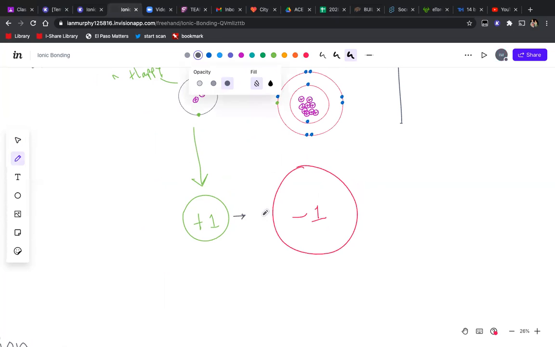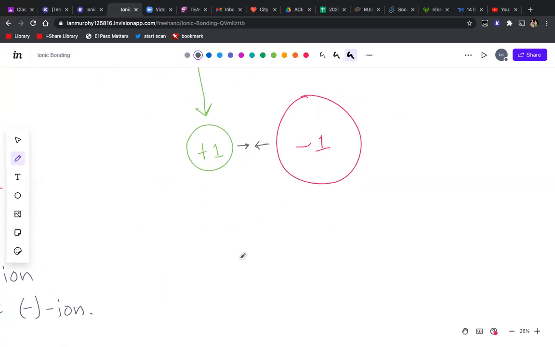Well, opposites attract. So really what we end up with here, due to the electrostatic attraction between oppositely charged particles, yeah, that's a mouthful, we have a positive 1 ion. Let me do it this way. We have a positive 1 ion.